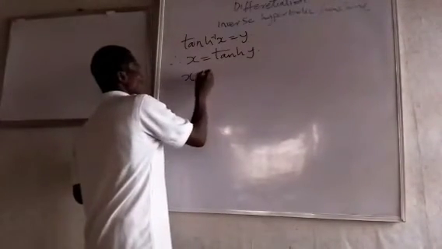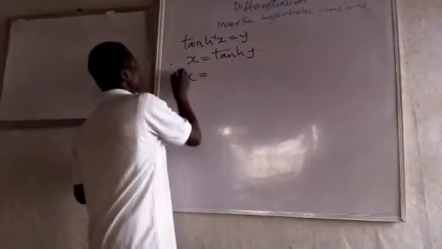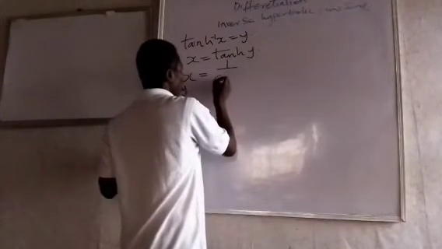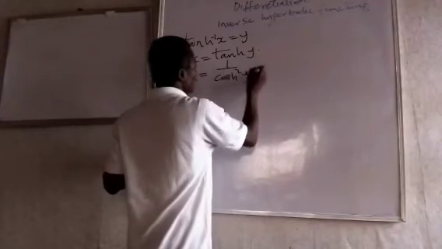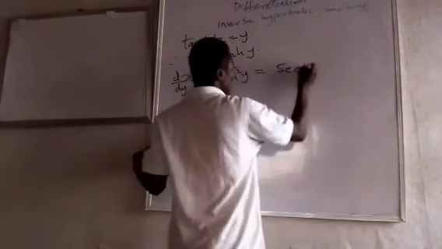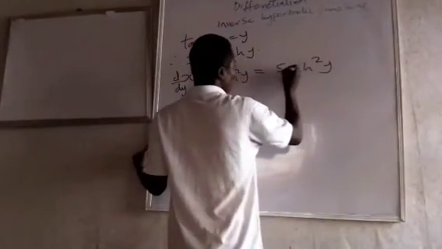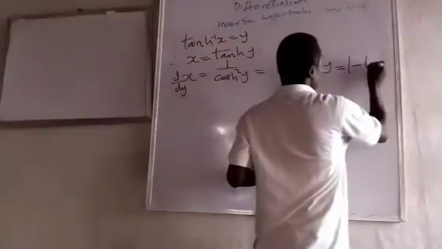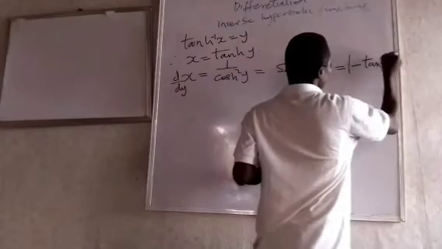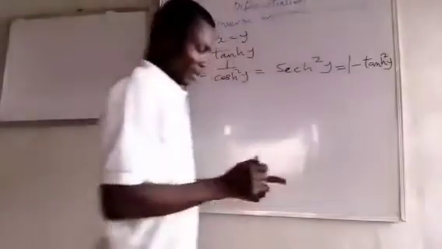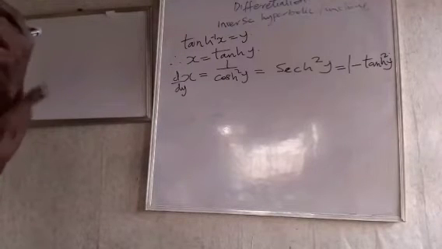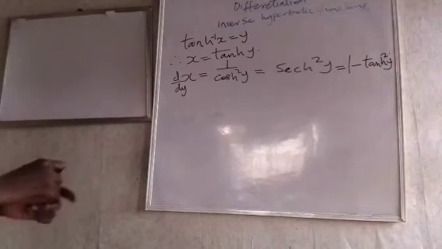So this one is going to give me dx dy, 1 over cos square y. If you can also say sec square y. 1 minus. So you see, it is now very, very interesting. You can confirm these results. Or if there is time, I can do that.